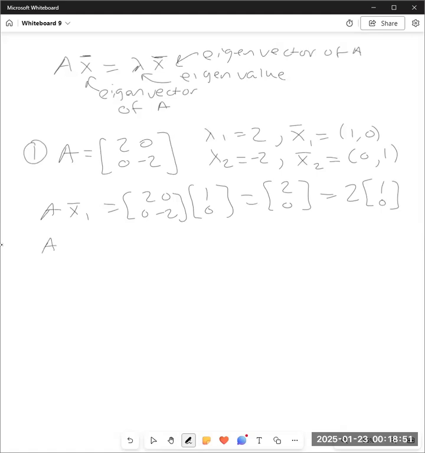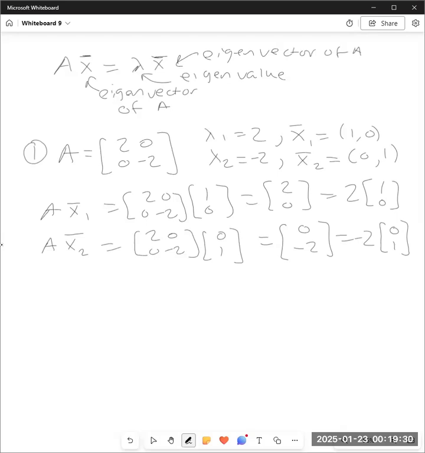And we can take A times x2, 2, 0, 0, -2 times 0, 1, that is 0, -2, which is -2 times 0, 1, an eigenvalue of -2 and an eigenvector of 0, 1, just like we were told we should have.